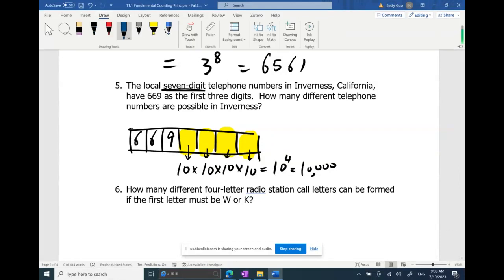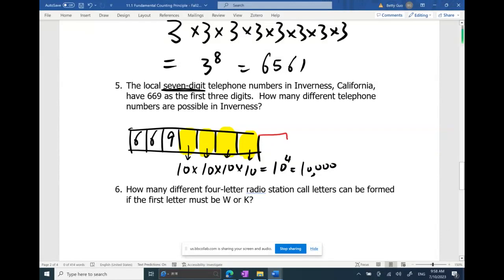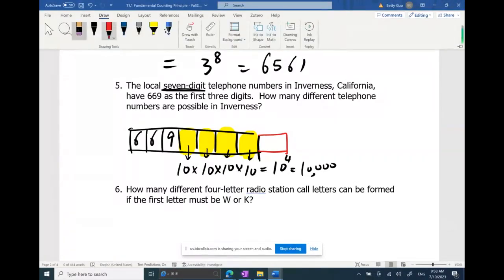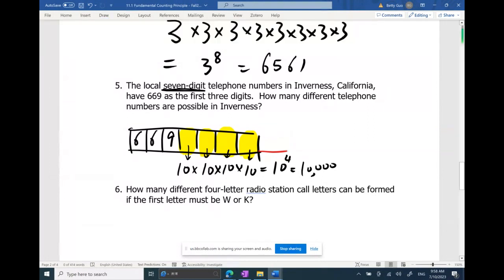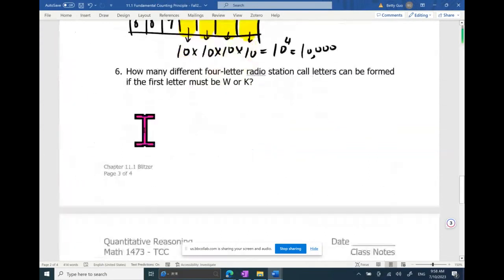That happens all the time, right? They probably have to add 1 more digit here. That way, there will be 100,000 possible telephone numbers. Does that make sense?